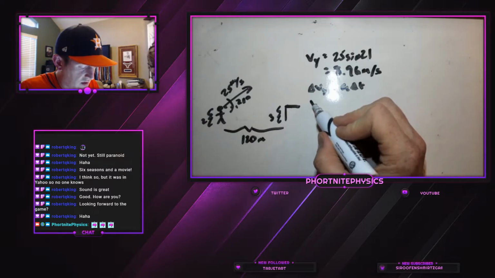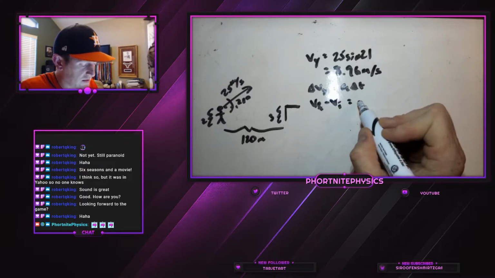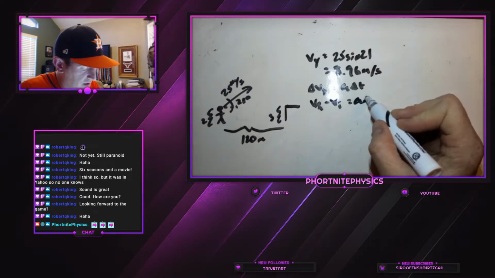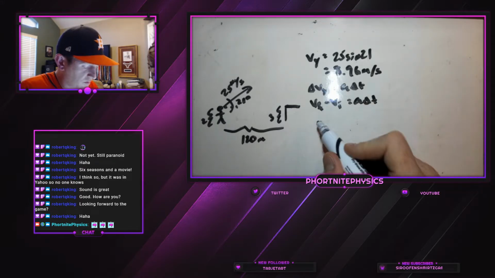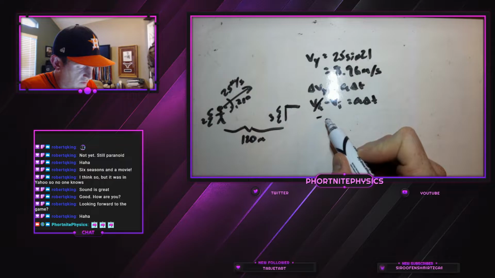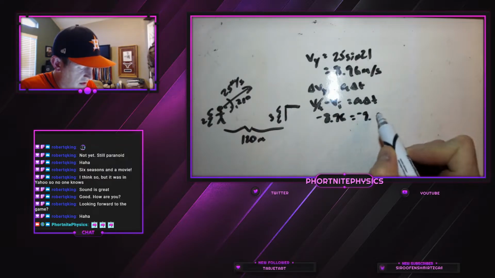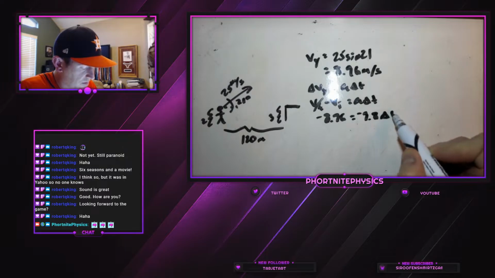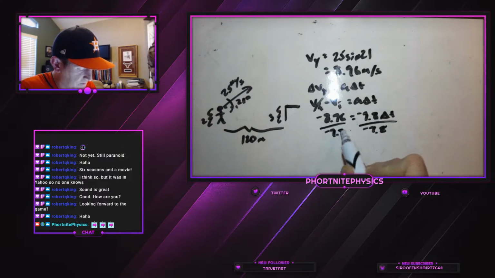So we're going to have Vf, which is 0, minus initial velocity, which is our 8.96, equals our acceleration, which is gravity, multiplied by time, which is what we're figuring out. So we have negative 8.96 equals negative 9.8 multiplied by time. Divide both sides by negative 9.8.